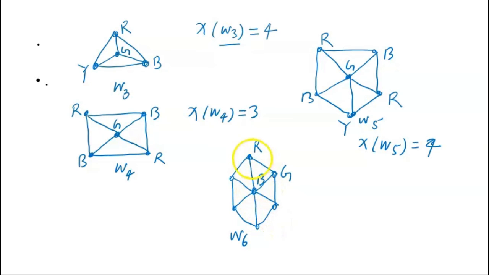Now this is a circuit of length 3, so I have already assigned 3 different colors. Now this can be assigned red color, this can be assigned green color, again this can be assigned red color, and we can assign green color to this. So only 3 colors are needed. So the chromatic number of W6 is equal to 3.